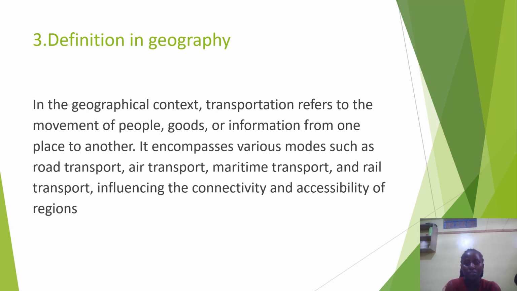It contains various modes such as road transport, air transport, maritime transport, and rail transport, influencing the connectivity and accessibility of regions. So that is also transport. But now, here we are talking about transport in animals and plants. I think your geography teacher taught you about that.